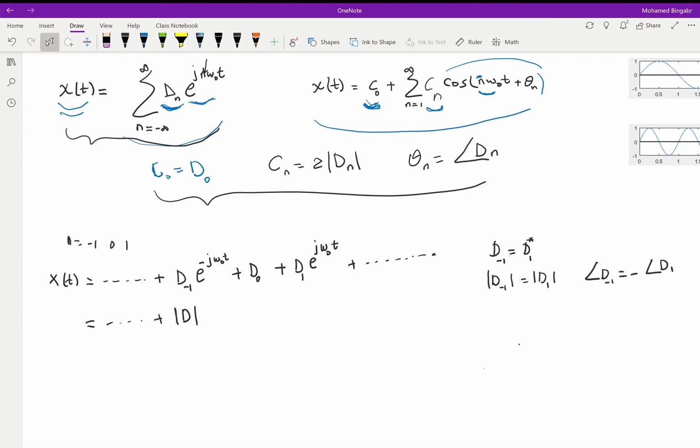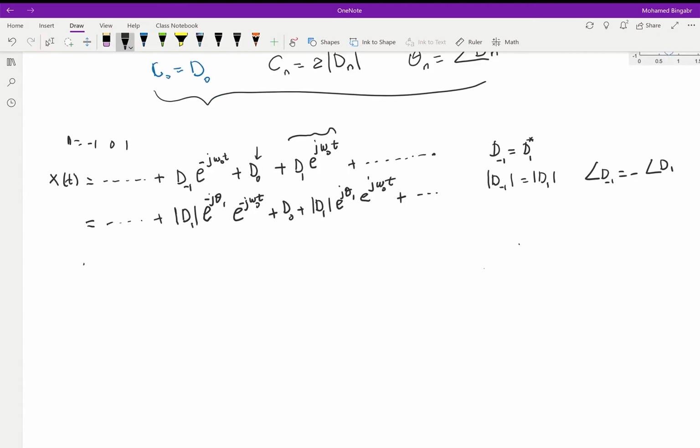Alright, so I can express D minus 1 as the magnitude of D1 times the exponential e to the minus j theta 1, the angle, times e to the minus j omega 0 t, plus D0, and this term D1 will be the magnitude times e to the j theta 1 times the exponential e to the j omega 0 t, plus for Dn and so forth.